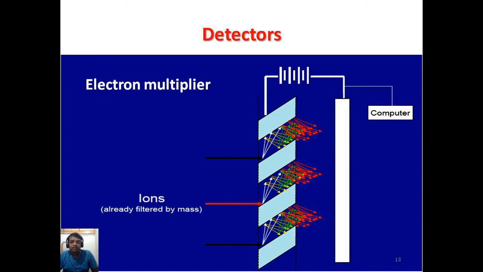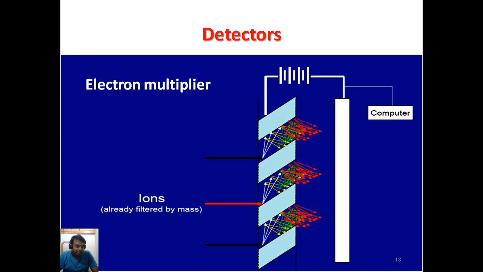Now how are detectors used in a mass spectrometer? Generally, the detectors used in a mass spectrometer are electron multipliers, which multiply the electrons. The electron multiplier finally identifies a particular charge of the multiplied electrons, and this charge is a potential, and this potential is recorded.